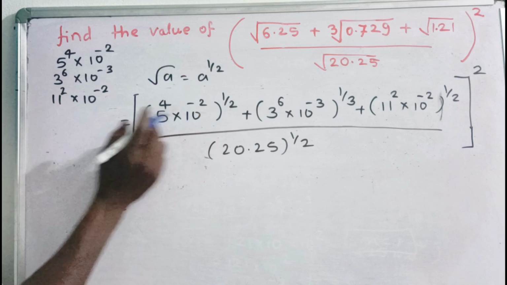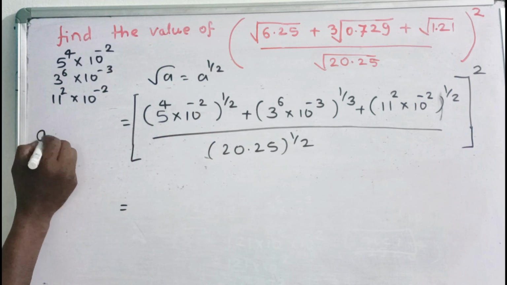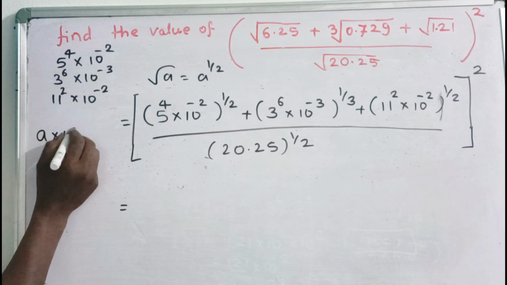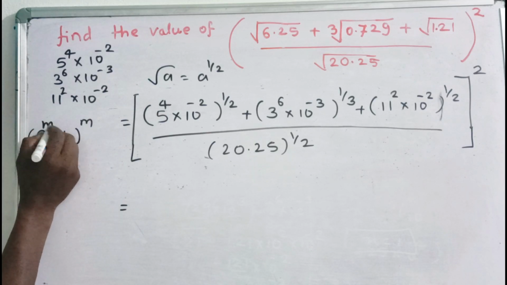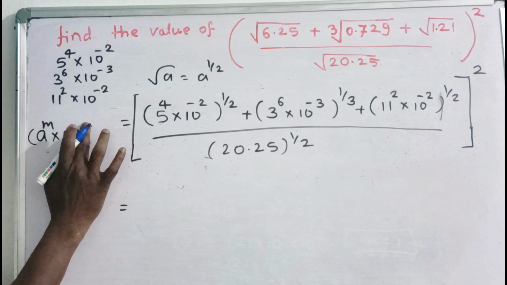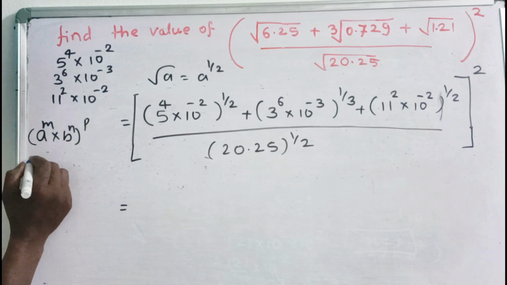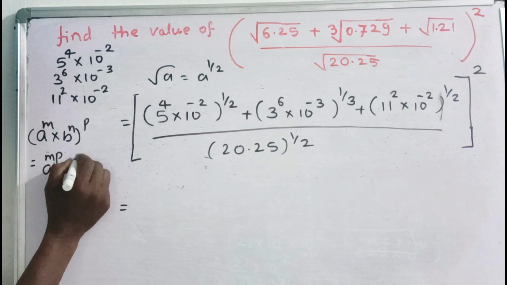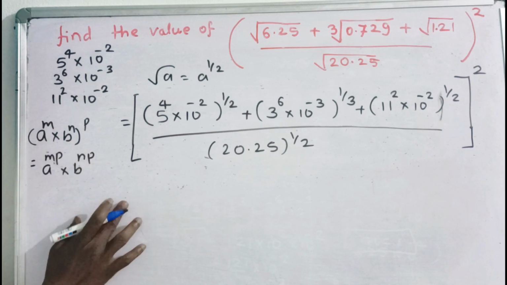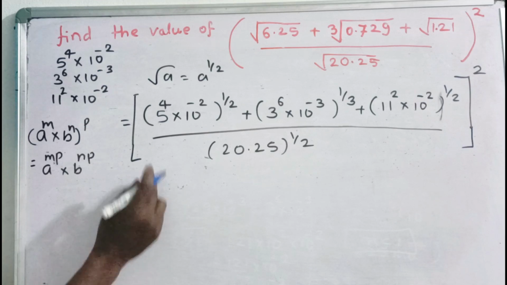Now यहाँ पर एक प्रॉपर्टी यूज होगी, a into b raised to the power m is nothing but, अभी यहाँ पर हम क्या करेंगे, m n करेंगे, यहाँ पर p कर देंगे, then a raised to the power mp into b raised to the power np. This property we are using here.